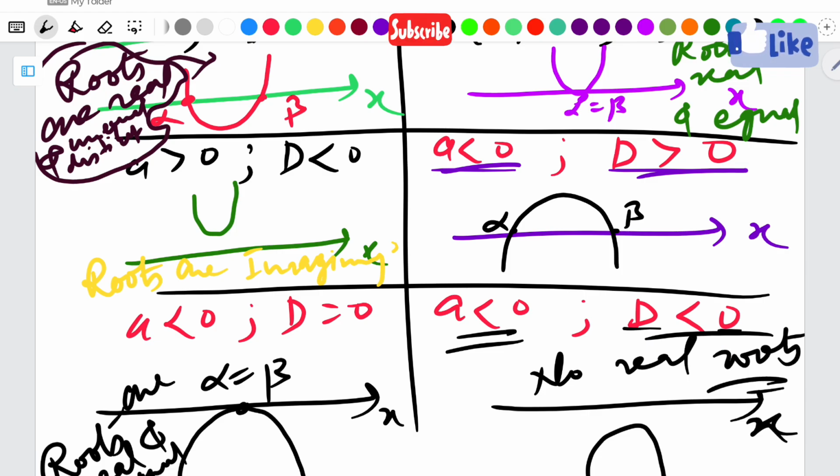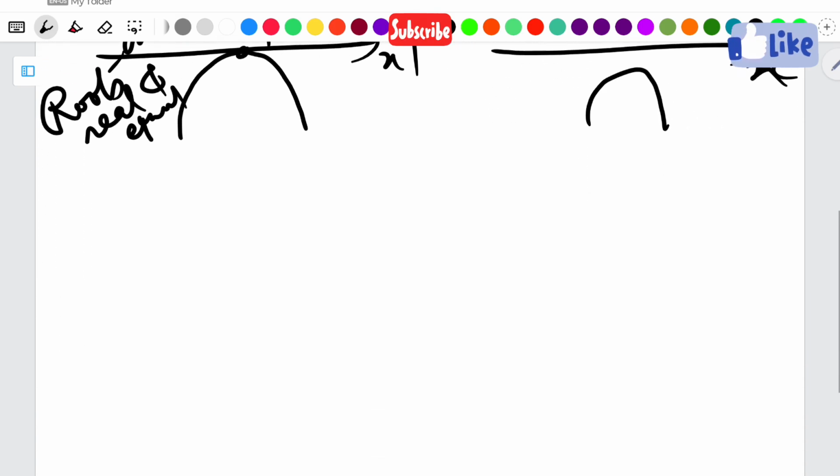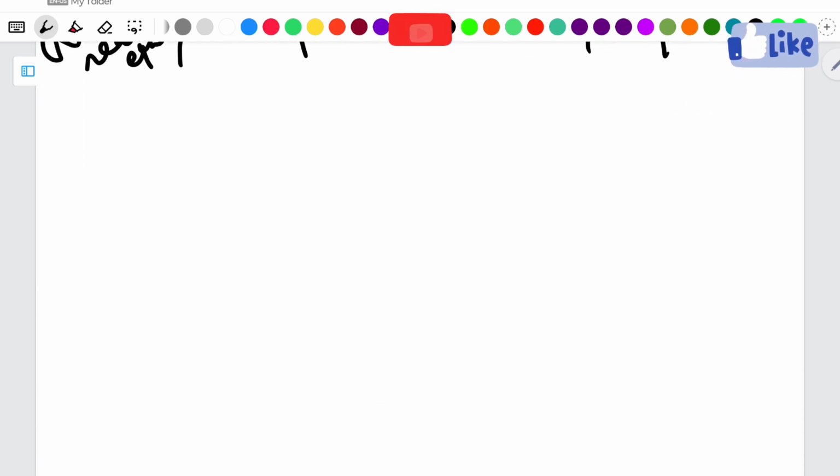Okay, so these are the 6 possibilities of the quadratic equation with the conditions a positive or negative and d greater than, equal to, or less than 0. So all these are the informations of the quadratic equation.